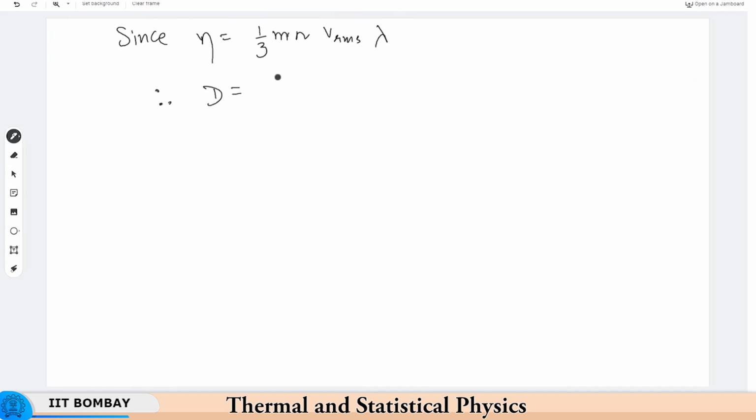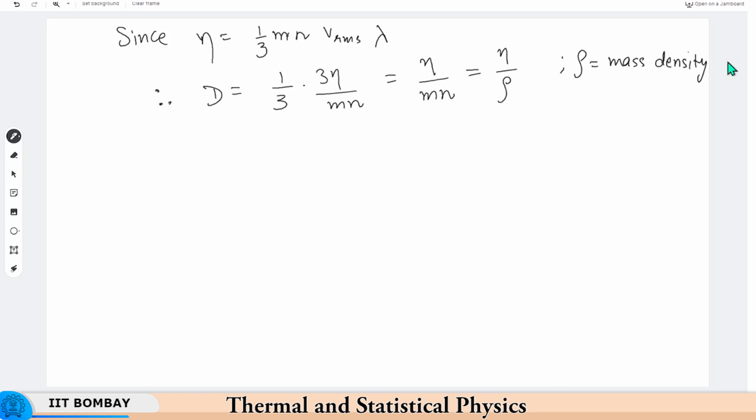So D just becomes 1 by 3 times 3 eta divided by m n, and this is nothing but eta divided by m n. And what is m? m is the mass of one molecule. What is n? That is the number density. So m times n is the mass density, and let us call that rho. So another expression for the diffusion coefficient is eta divided by rho.